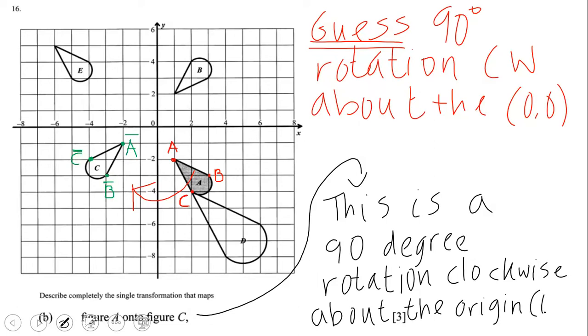And the origin is the point (0, 0). So that's the correct answer for us right there. It's a 90-degree rotation clockwise about the origin.